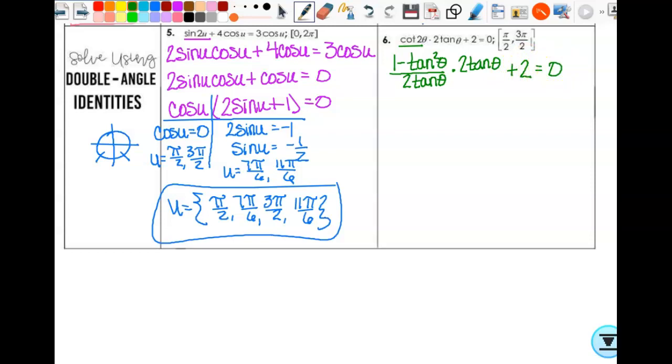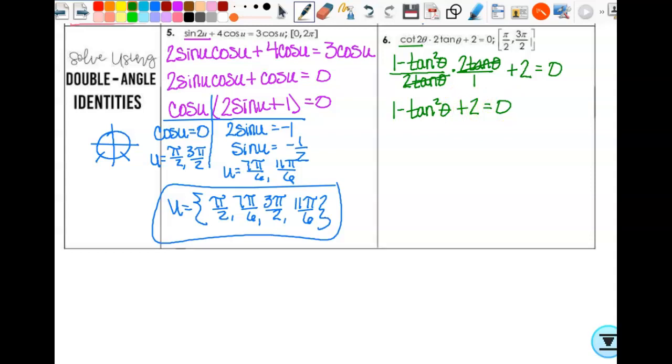Is there anything I can cancel out right now? The 2 tangent thetas, yeah, because this is like over 1 right here, so that's just gone. So I get 1 minus tangent squared theta plus 2 equals 0.